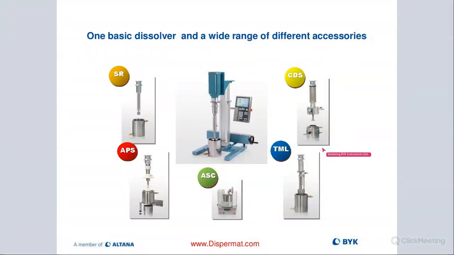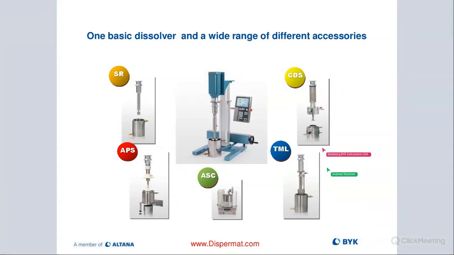Some people like to remove air that's entrapped in their slurry. On the bottom right, we have the APS system, which is our vertical bead mill or pot mill attachment. We have a wall scraper system available for really viscous materials. And then on the bottom is the famous TML, which is our basket mill version.